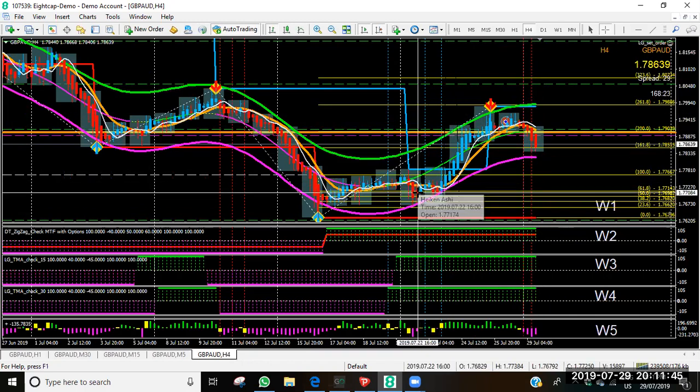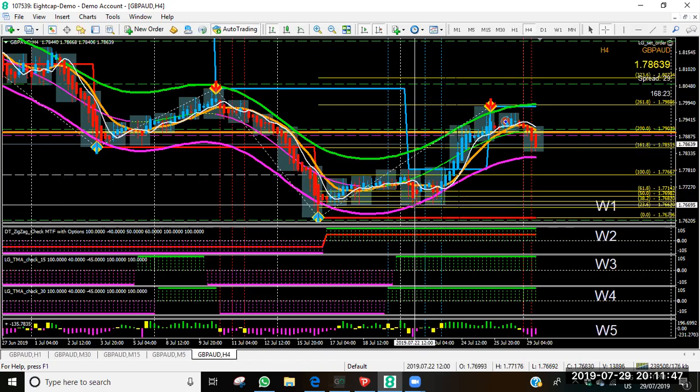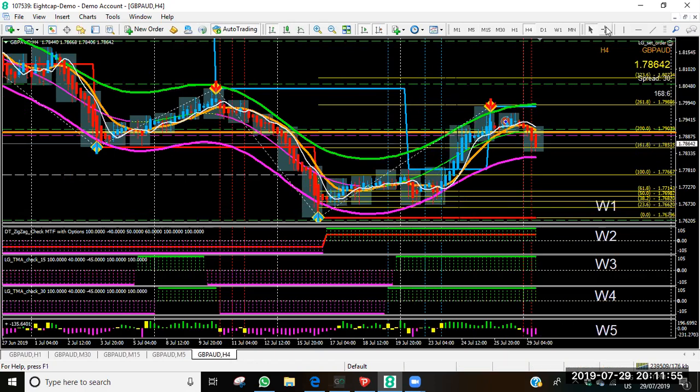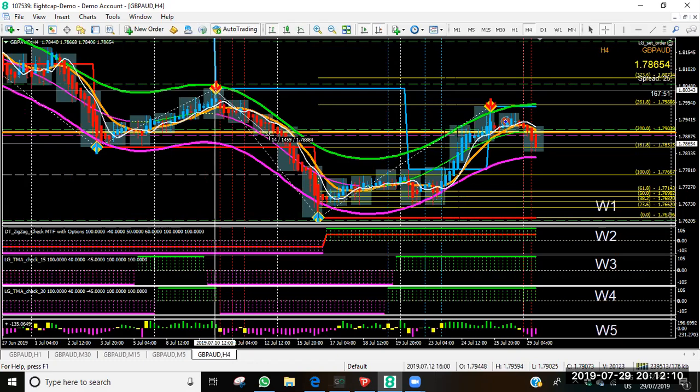Now, from bottom to top, last week pound Aussie went 317 pips. The week before, 270. And over here, 140.